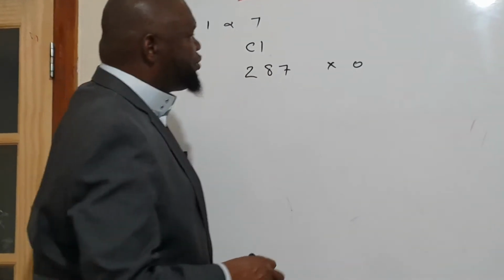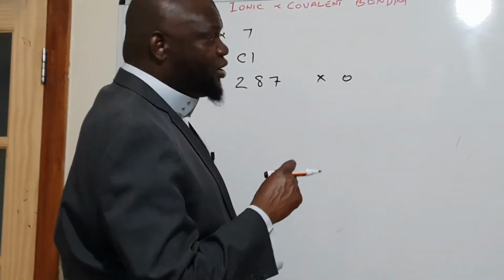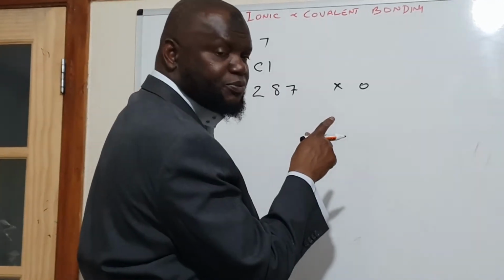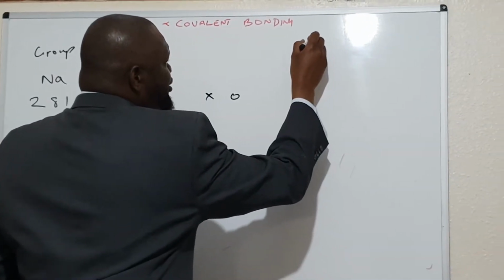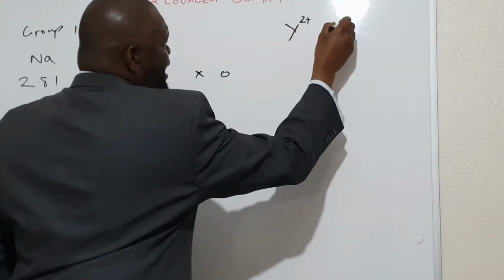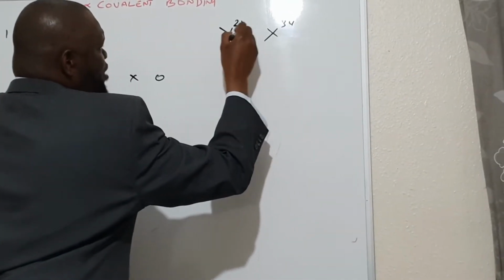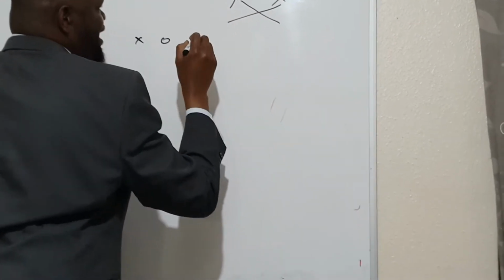And what did we say about the formula of the compound? When you have a compound where Y has a 2 plus and X has 3 plus, you exchange the valences.